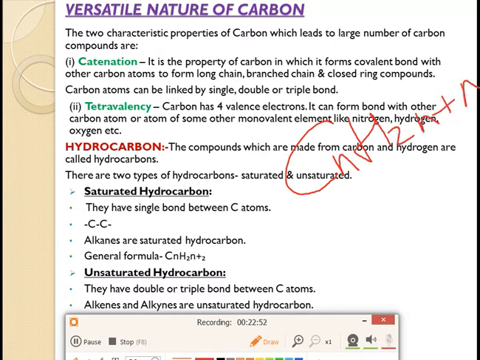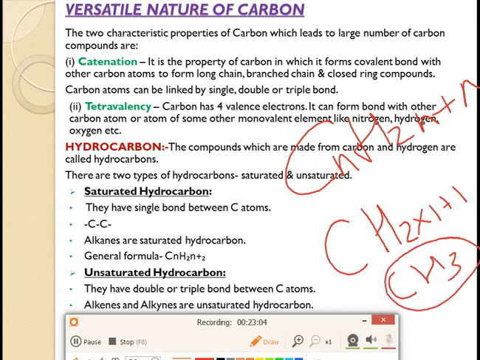For example, I will take the number of carbon atoms as 1, C1. 2 into 1 plus 2, so 2 into 1 is 2, plus 2 is 4. This is methane, CH4.